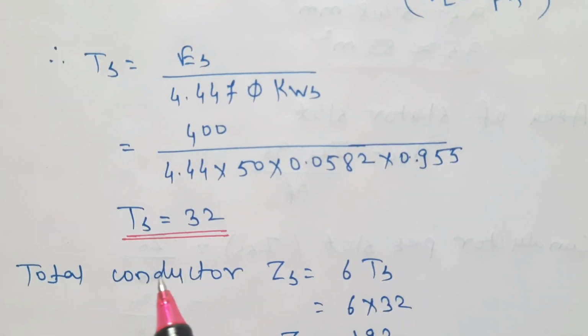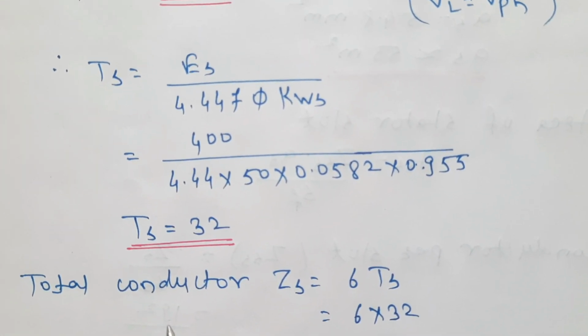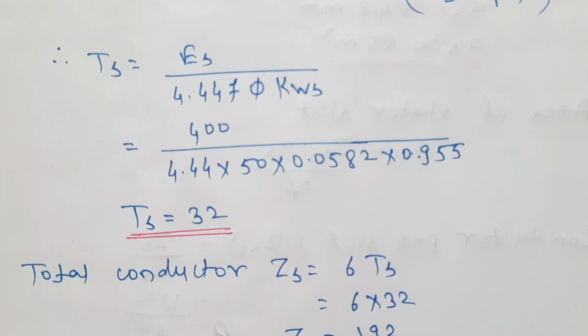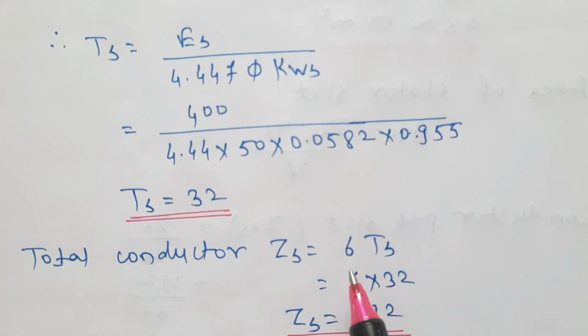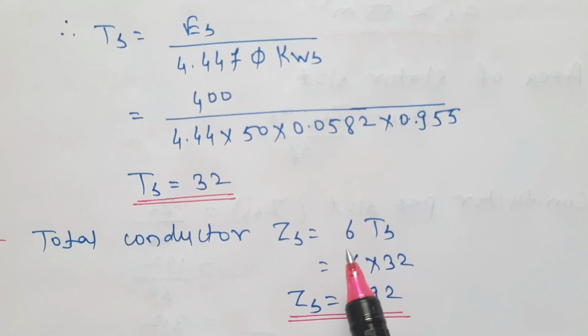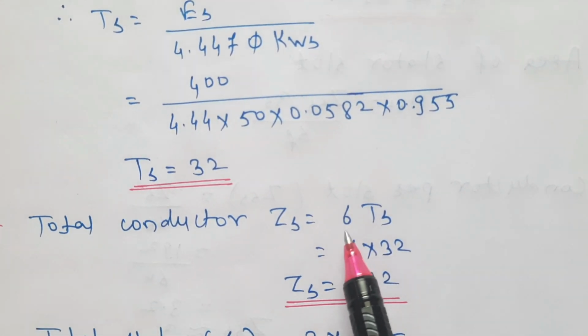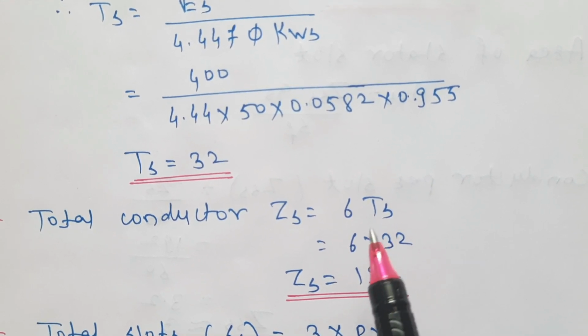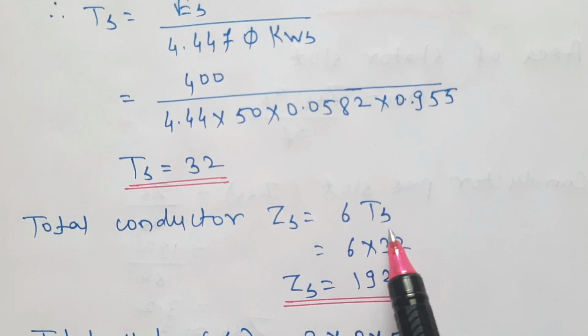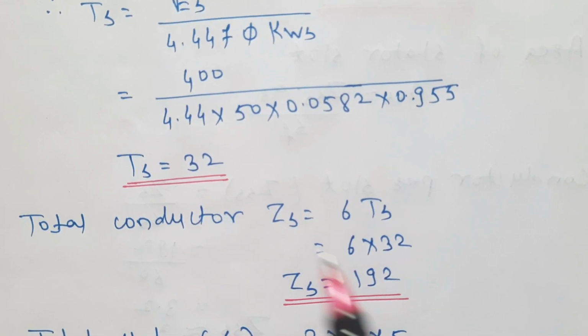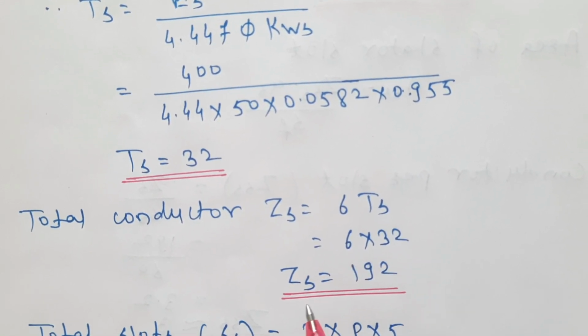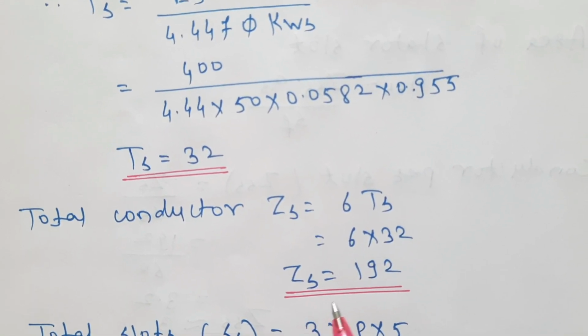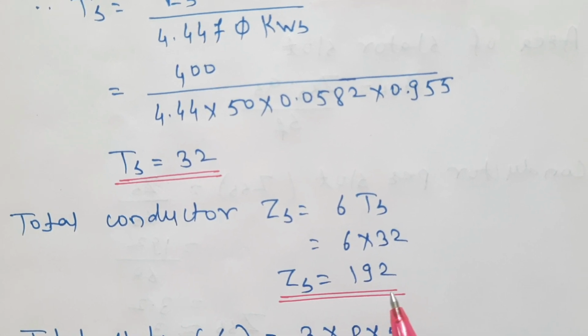From this we will get the value of Ts is equal to 32. Now to find the total conductors, that is Zs, Zs can be found by using 6Ts. This 6 is 3 into 2 into turns per phase, that is 3 is the number of phases, into 2, so 6 into stator turns, that is 6 Ts. We know the value of Ts is 32, therefore 6 into 32, therefore Zs, that is total conductors, is equal to 192.